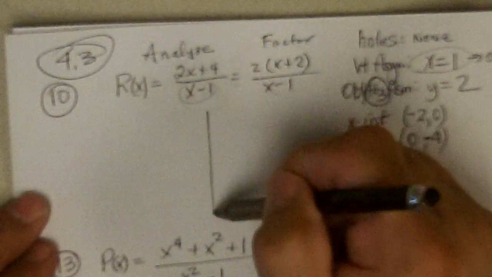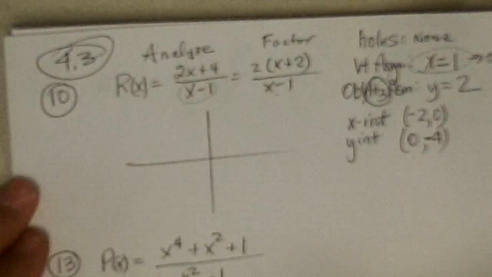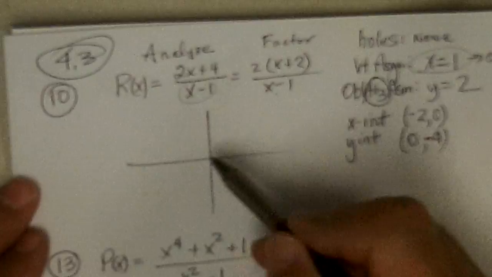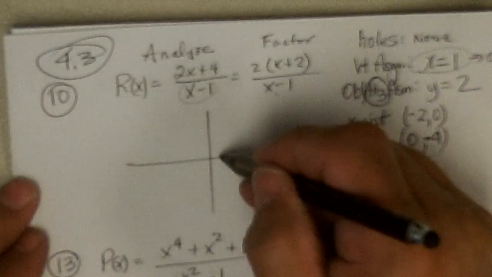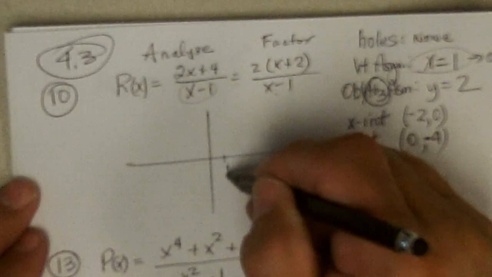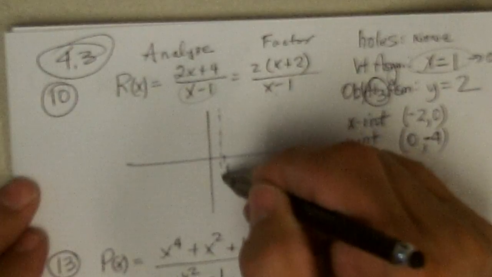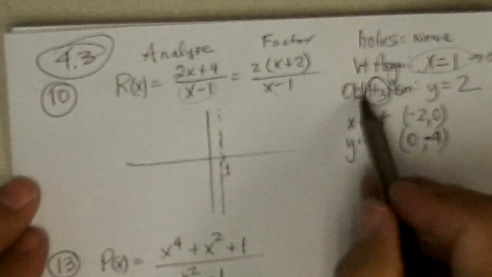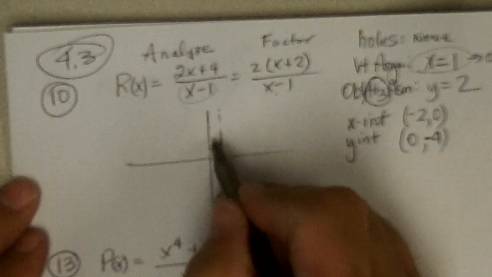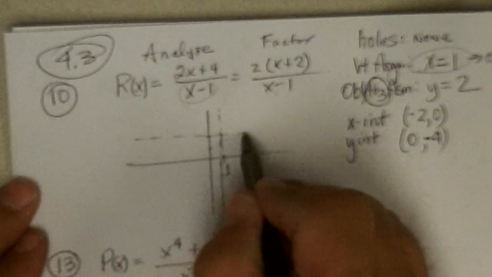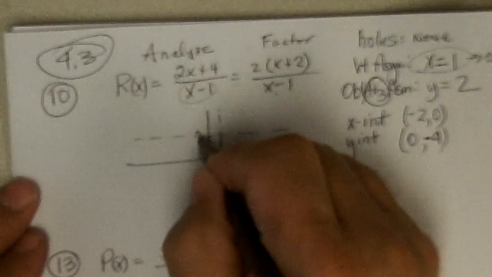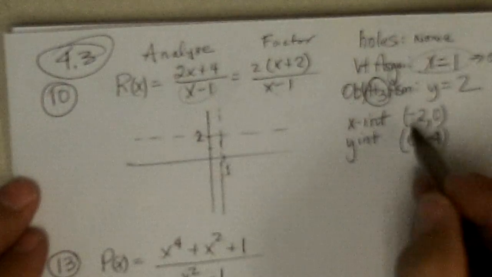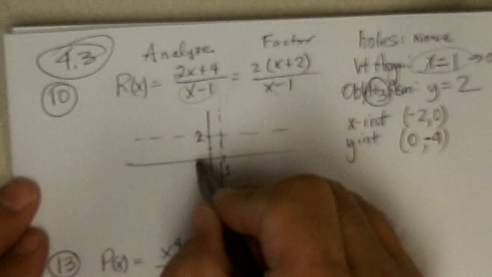And let's go ahead and graph. So, no holes, vertical asymptote at 1. Horizontal asymptote at y equals 2. And x-intercept at (-2, 0).